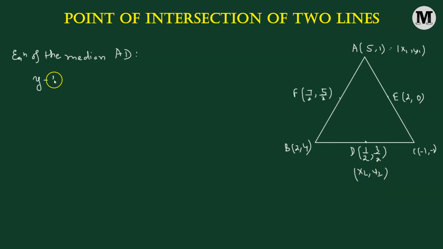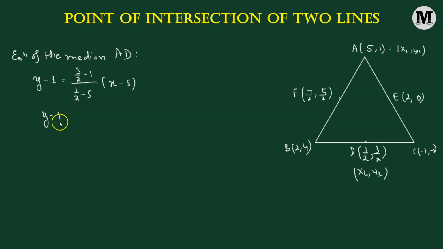So y1 is going to be 1. That is going to be equal to, now we need the difference of the y coordinates. So y2 minus y1, so we'll take 3/2 minus 1, divided by the difference of the x coordinates. So we'll take half minus 5. That's going to get multiplied by x minus x1. So x1 here is going to be equal to 5.